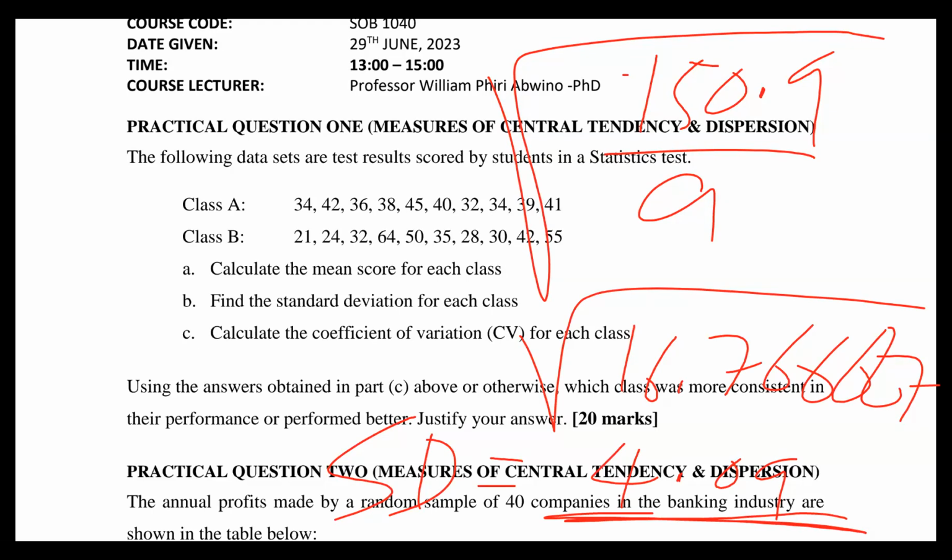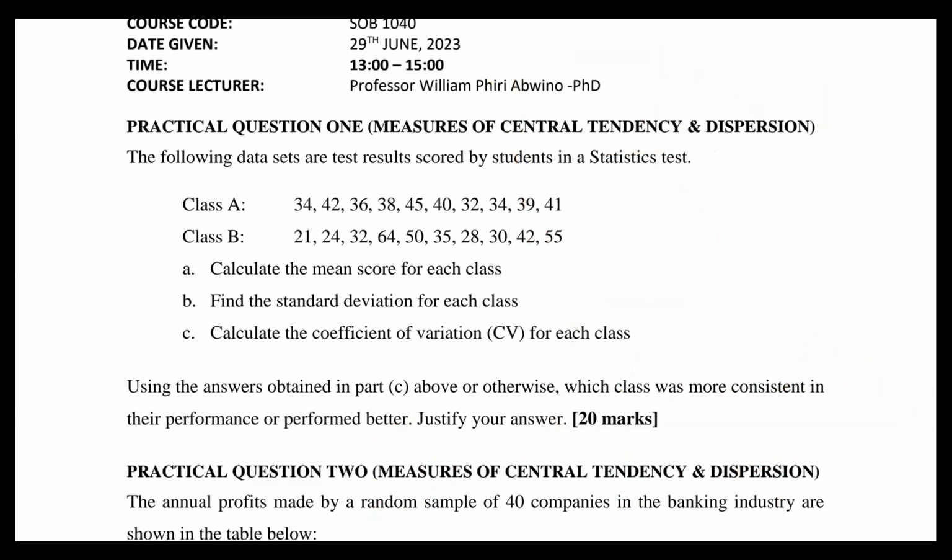Then we can go to B. Let's do B again. We find the standard deviation too. So for A, SD is 4.09.